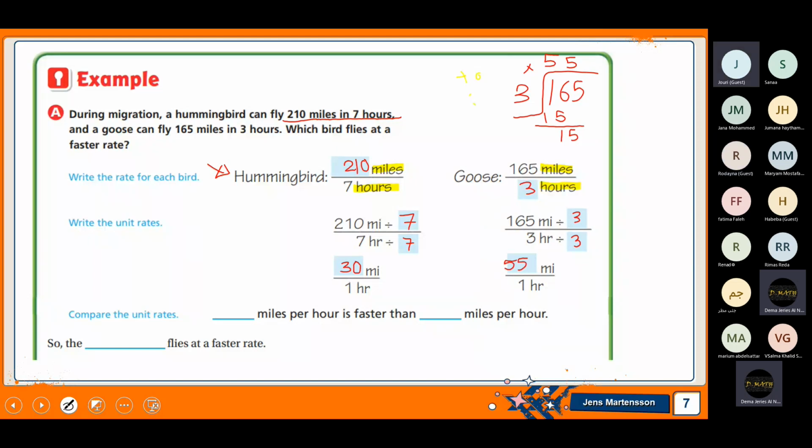So 55 miles per 1 hour. Now let's compare. Is it 30 miles per 1 hour or 55 miles per 1 hour? 55 is faster than 30. So who flies faster? The goose. Thank you. So teacher, always the least number is the greatest?